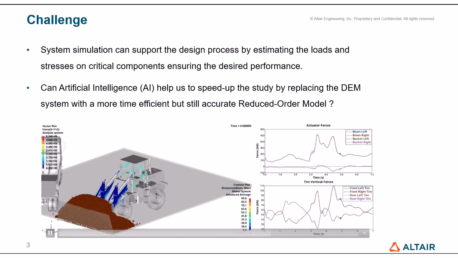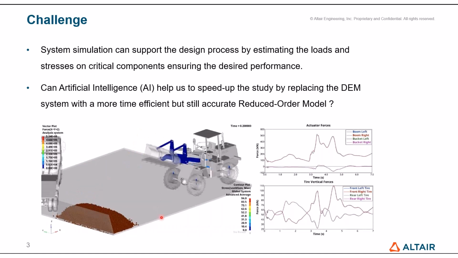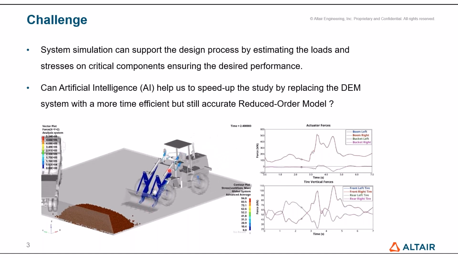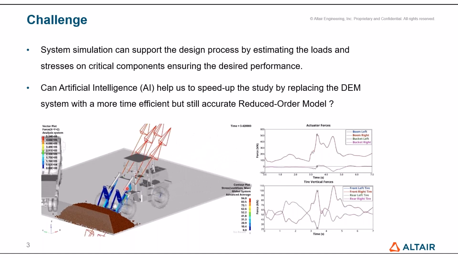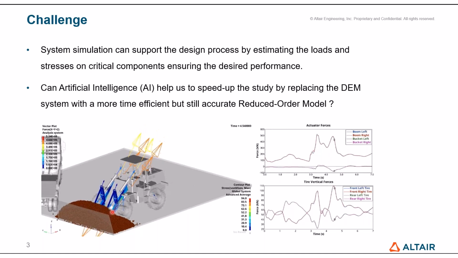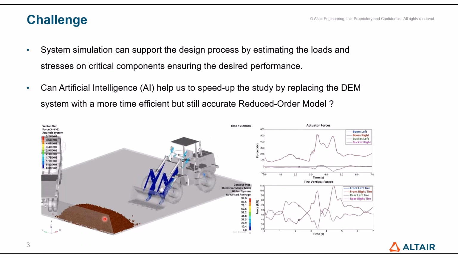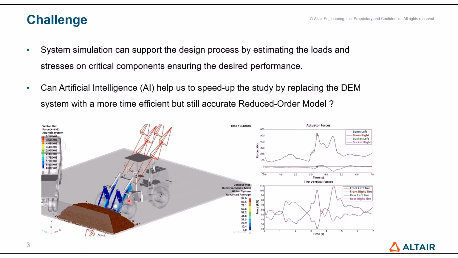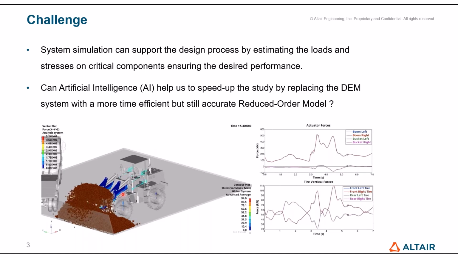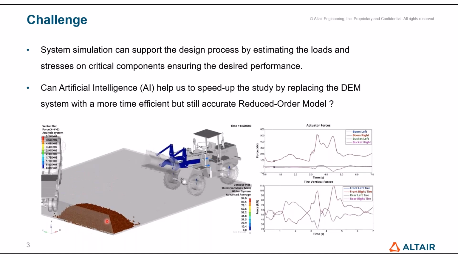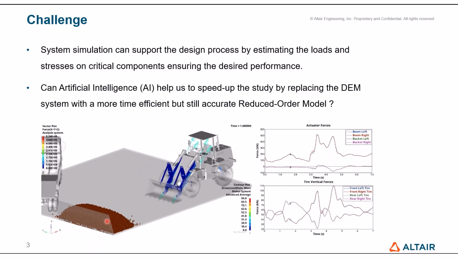Also, as you can see in this particular case, this motion is being actuated by these actuators that you can see here, and the forces on this are a combination of the dynamics of the body and the interaction forces from these particles. So there is a co-simulation, or a coupling, of this body with a DEM solver, which does interaction of particles, but also with a multi-body dynamics solver.